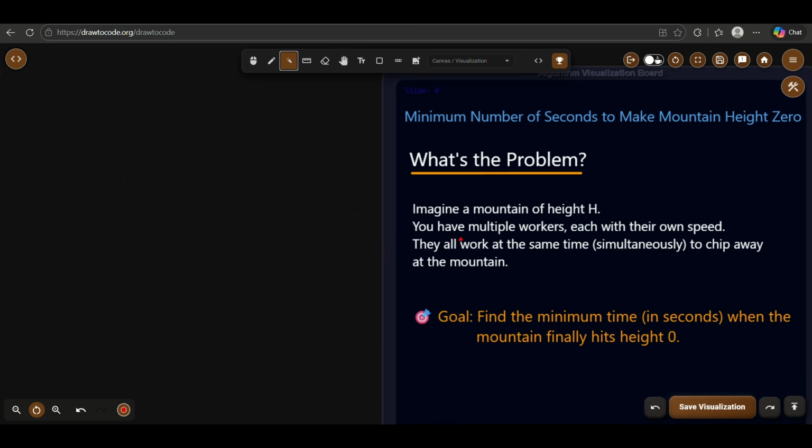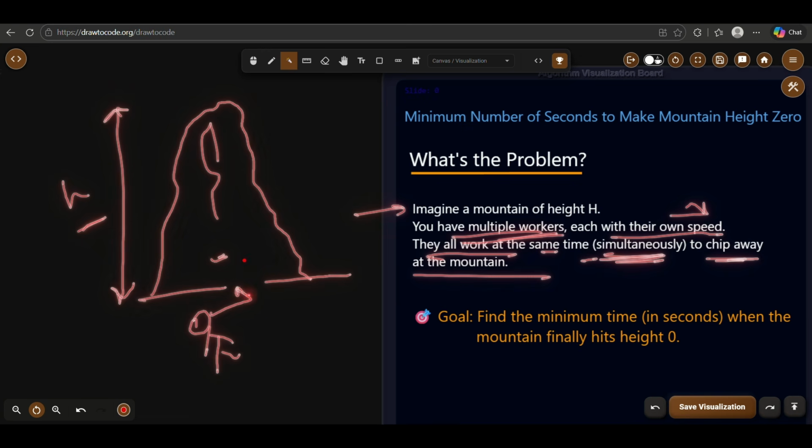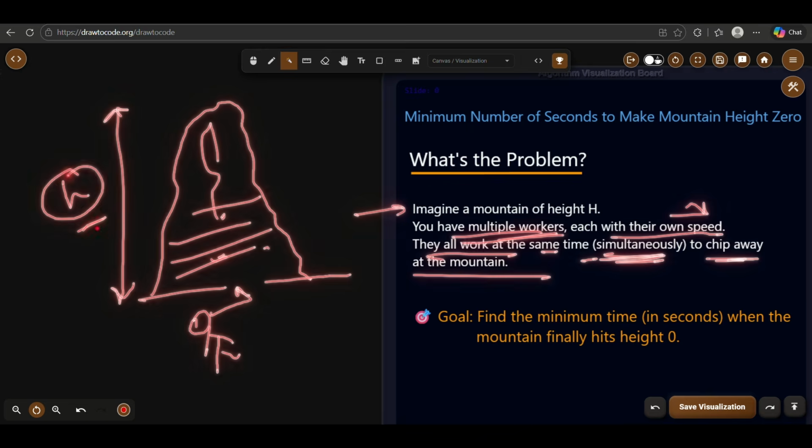Along with that, we have multiple workers, each with their own speed. They are all simultaneously chipping away at the mountain. Means this is the mountain and they have workers which are chopping this mountain into pieces such that the mountain height will become 0.